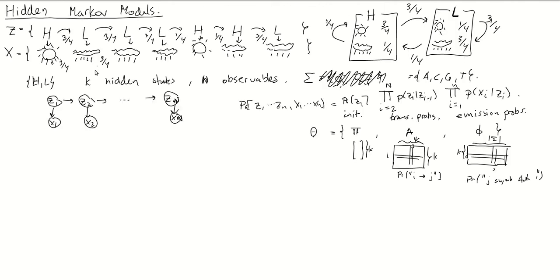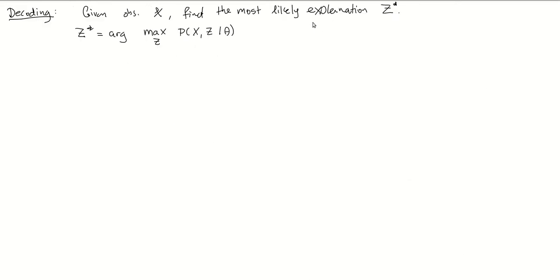Before, we saw how to compute this probability. Note that capital X is x1 through xN, and capital Z in this notation is z1 through zN. So this is the probability of x1 through xN, z1 through zN.